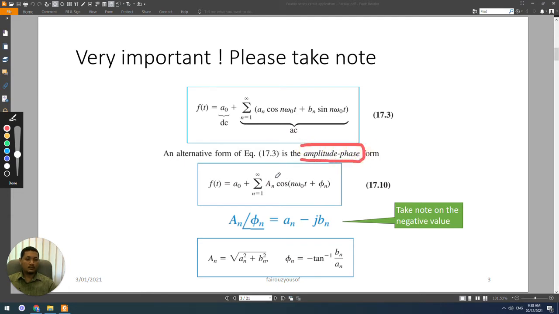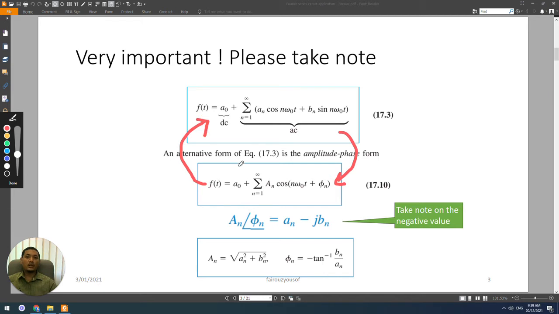Here we can see it still has the DC component, but here we have capital A_n, which is the amplitude, and we have phi n, which is the phase. So basically we can convert this into this, and we also can convert this into this.